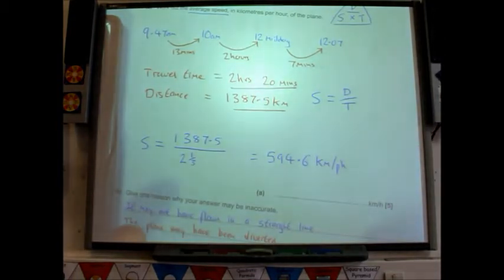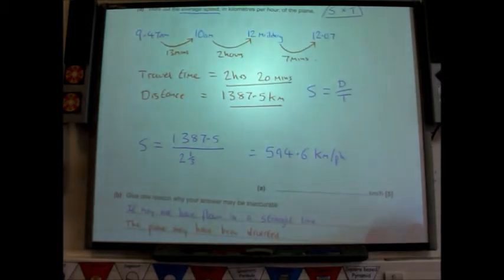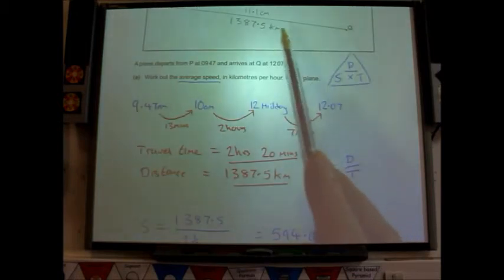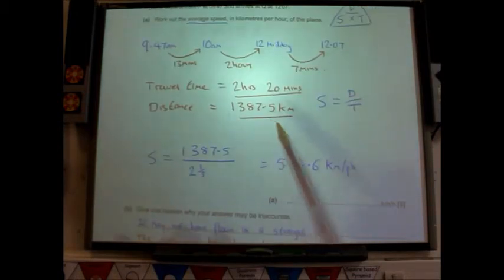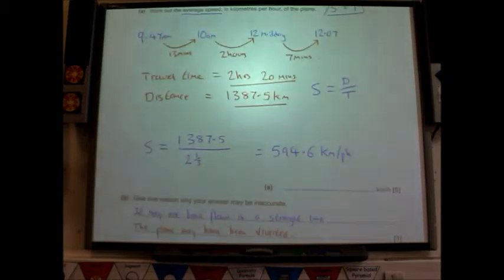We could just put kmph, it doesn't matter too much. So that's how you do that. Again, I apologise if it was 11 centimetres up the top and I've mismeasured it, then it would change the distance a bit. But look, as long as you're showing what you've done, they'll give you the marks for it.